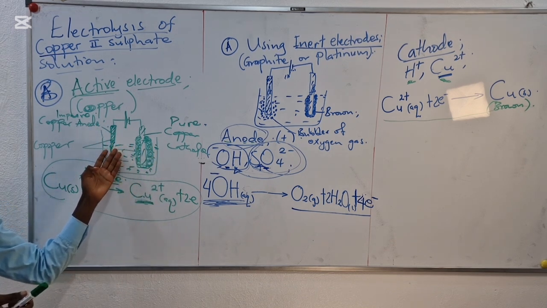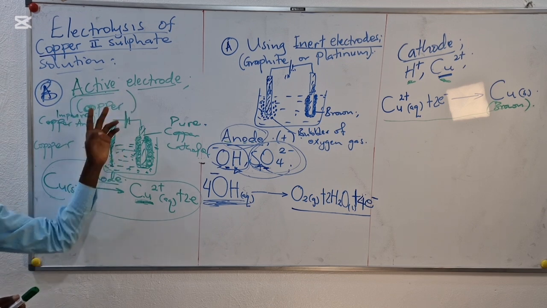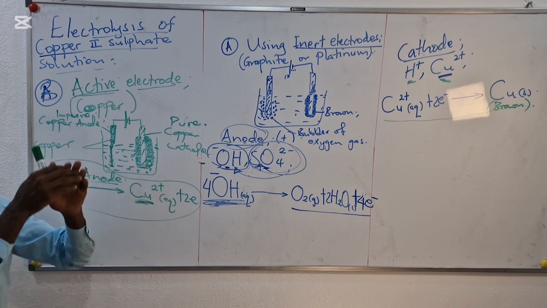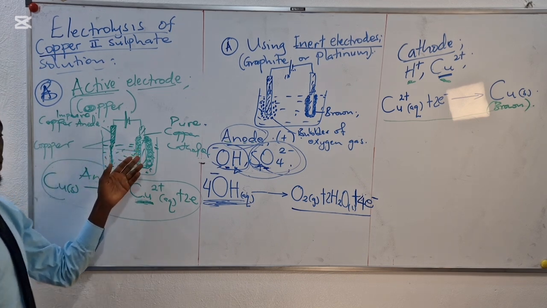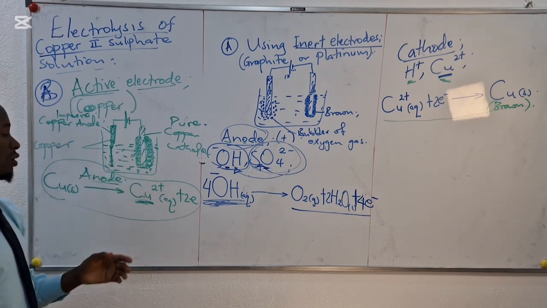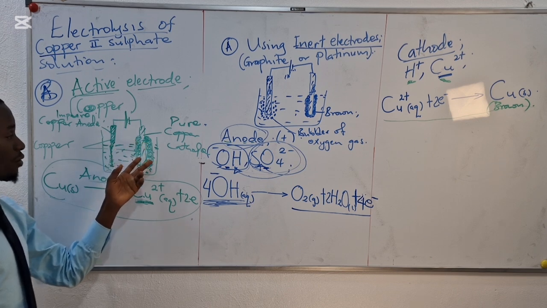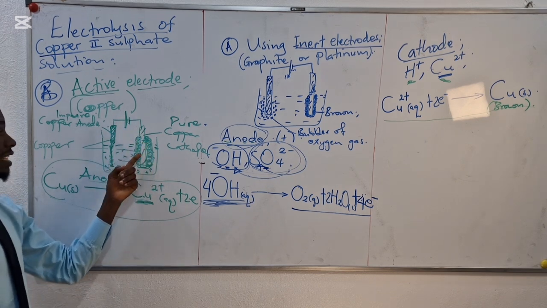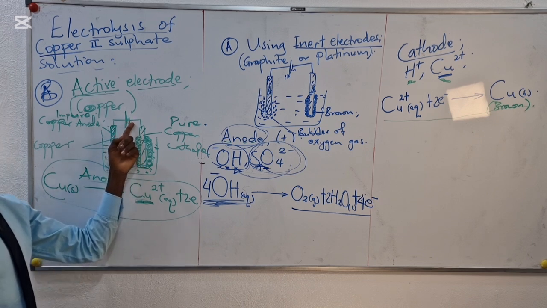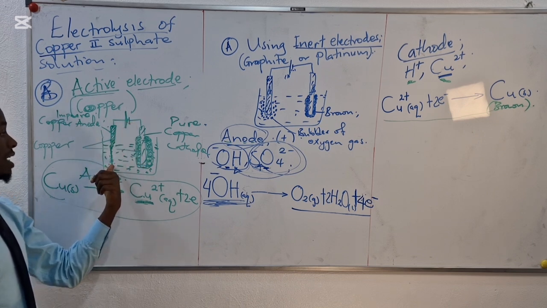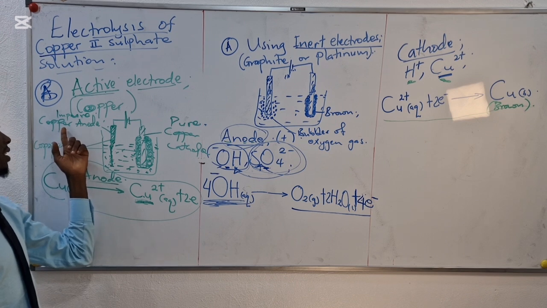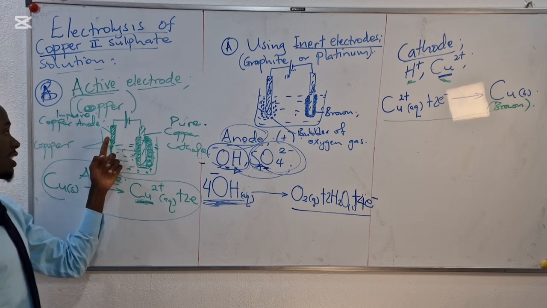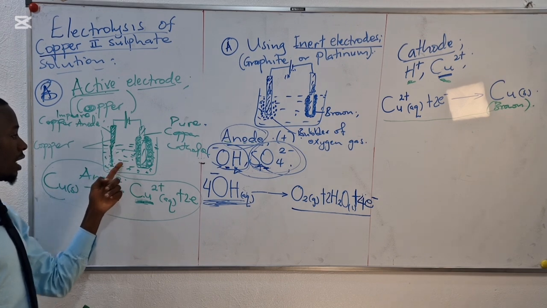This is applied when using an active electrode. This is applied in electroplating or coating of materials with copper. For example, you may need to coat your key, your jewel, like a necklace, like anything. You can use it as the cathode, and you use copper as the anode, such that the copper dissolves in the electrolyte.